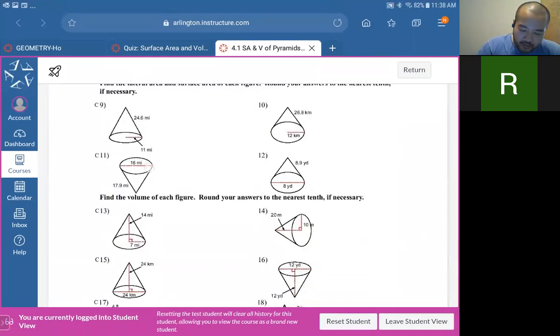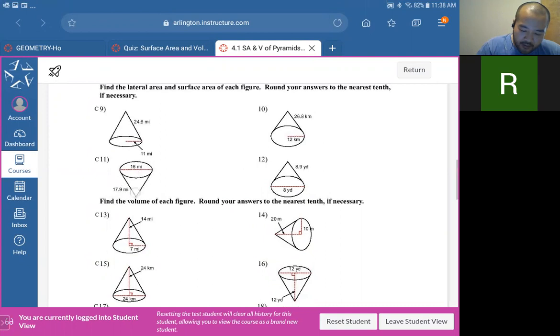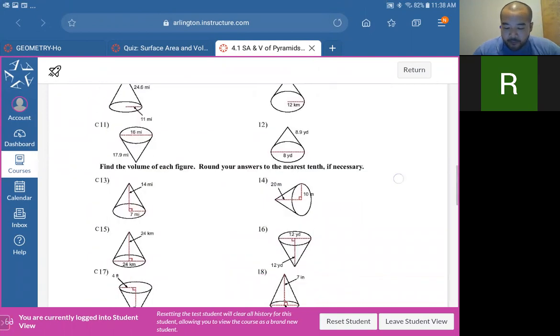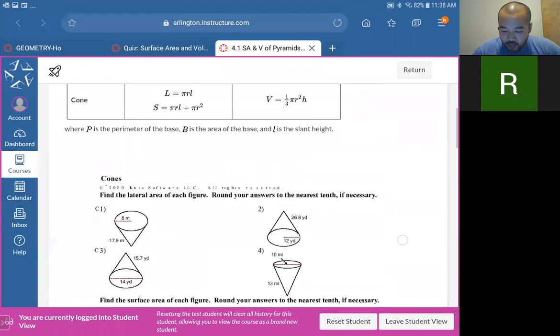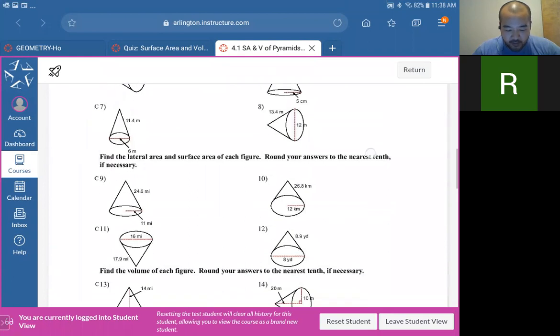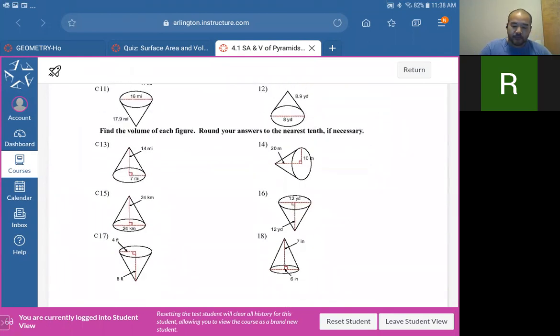Like for this one, you use 16, and then you use 17.9 here. For the volume it's 1/3 pi r squared h. So all you need is r and h. Number 15 here.